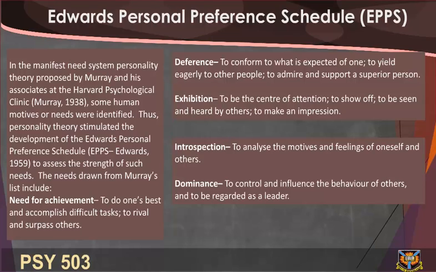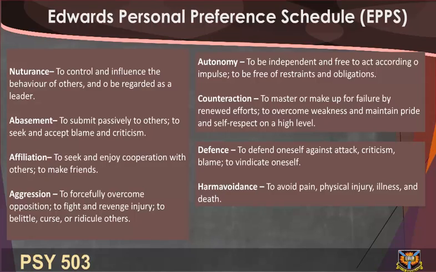Dominance, to control and influence the behavior of others and to be regarded as a leader. Nurturance, to help and care for others. Abasement, to submit passively to others, to seek and accept blame and criticism.